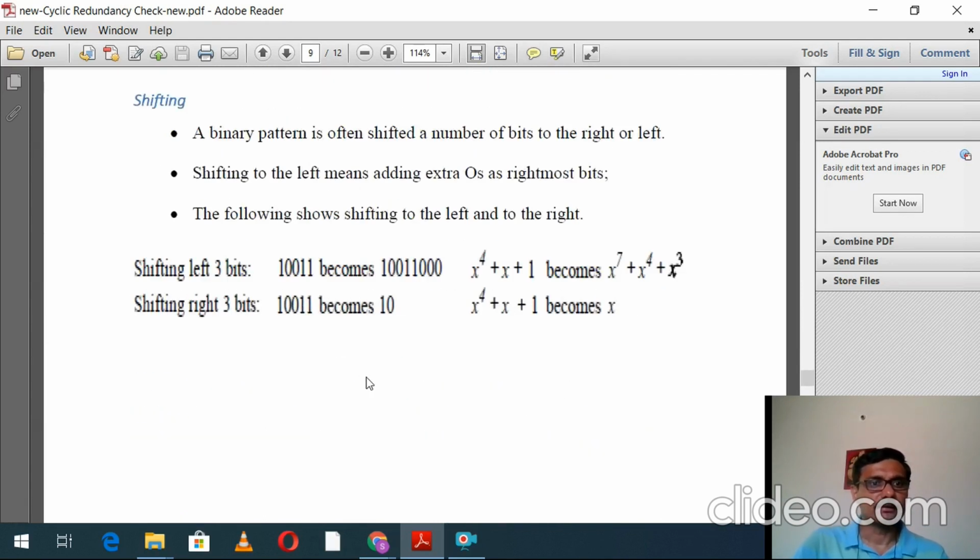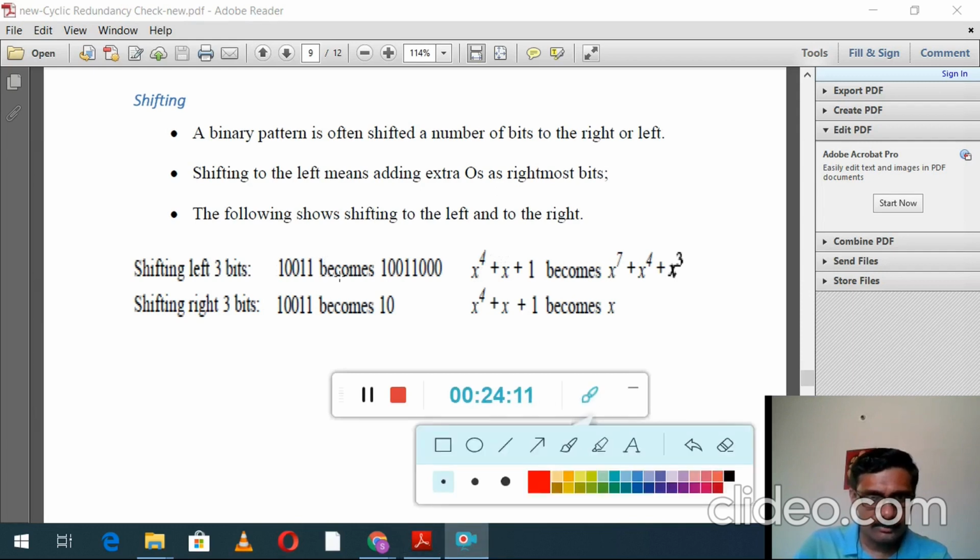And shifting. A binary pattern is often shifted a number of bits to the right or left, we can shift. You can see this example. 10011 becomes 10011000. 3 bits are shifted here. Okay, left shift 3 positions. So before shifting, we have the polynomial representation of this pattern.